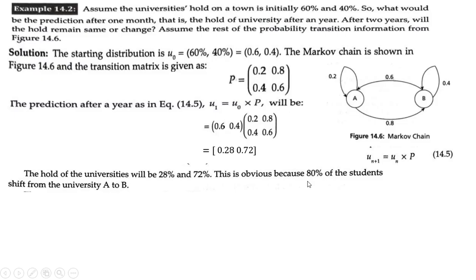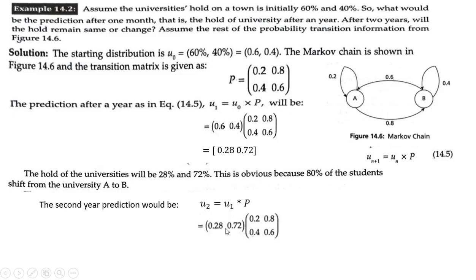This is obvious because 80% of the students have shifted from A to B. So after the first year, 28% of students remain in University A and 72% remain in B, because a lot of students move from A to B. After the second year, the prediction is U2 = U1 into P. We already found U1, so just write down the same U1 here, and the transition matrix remains as it is.